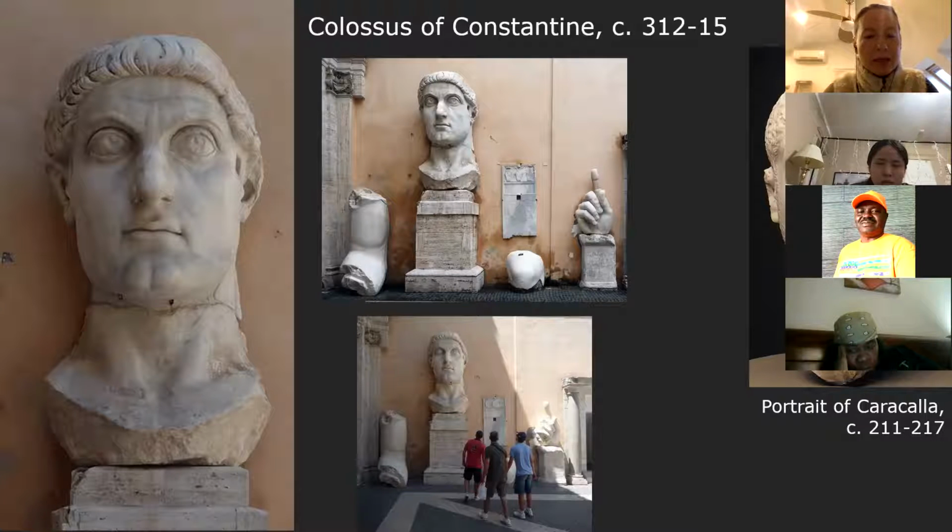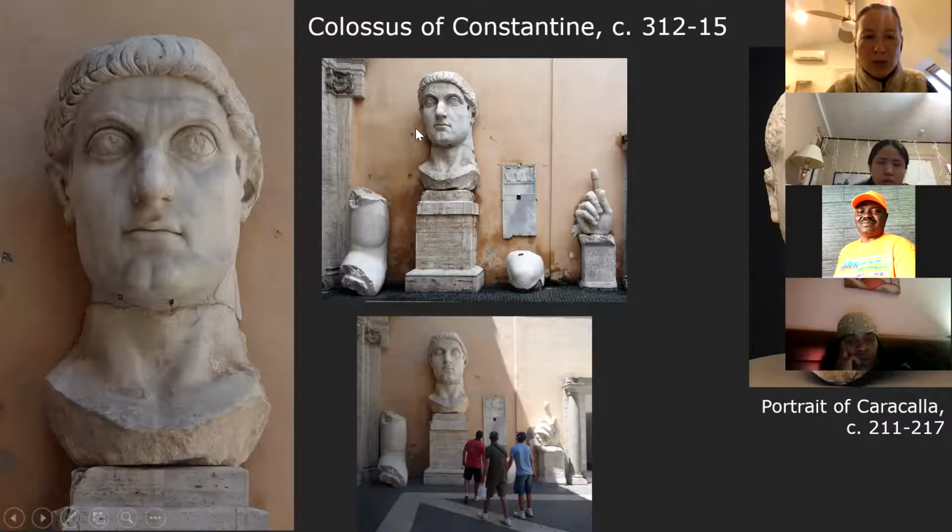And second of all, he's changing the philosophy of the Roman Empire from a multi-god belief system into one God, the Christian God. And he transforms the Roman Empire to Christianity, which inadvertently is actually the end of the Roman Empire. So here's his sculpture over here, again, huge.